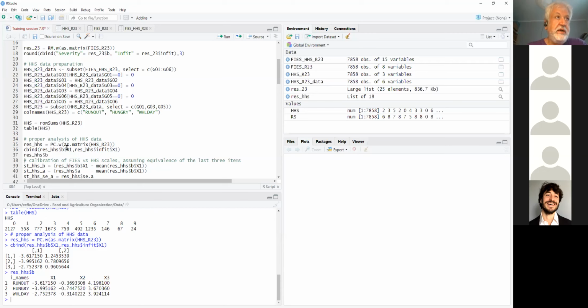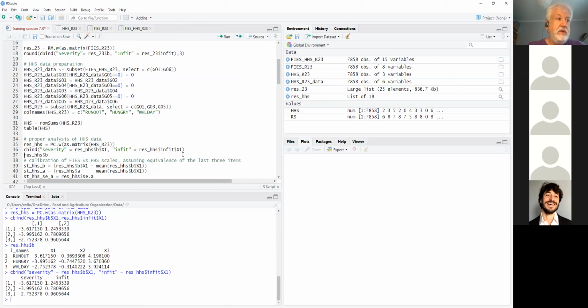This is the reason why I am selecting as a severity parameter to be associated with each item the first column, the X1 column, in the result of the pc.w command. This is just to accommodate the way in which Sara has decided to program the partial credit command.